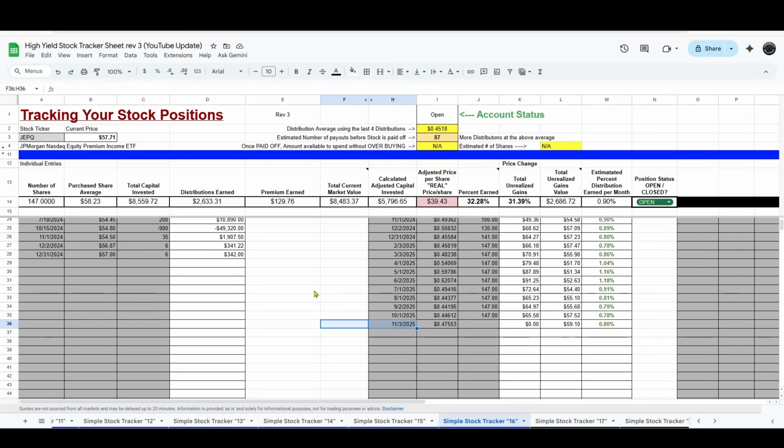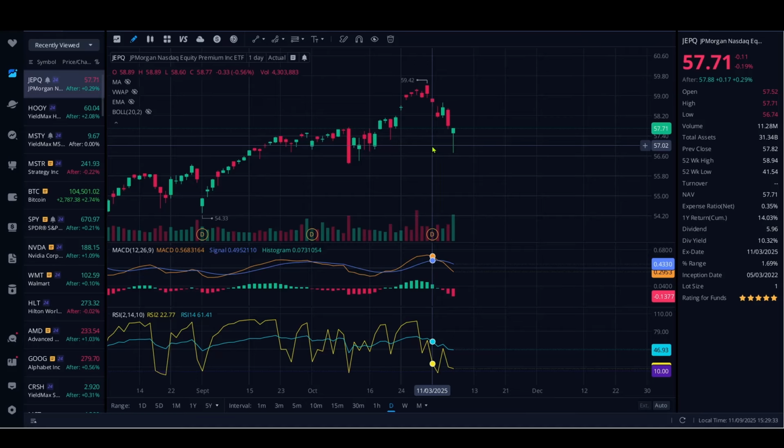Those shares were taken away on 11/3 as well, but at 4 a.m. in the morning. And that is when pre-market opens. And at that time, JEPQ was a little higher, right? Around that 11/3. And as you can see right here on the chart, I've got the line right here at 11/3, and it was around the 58.70 area.